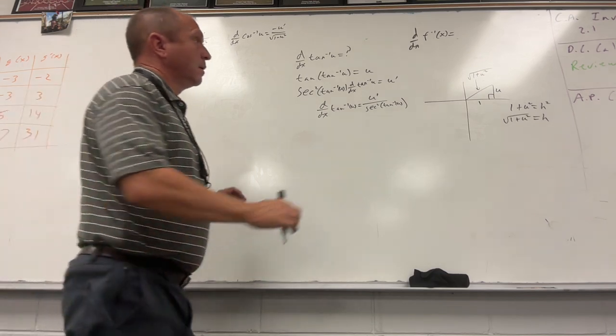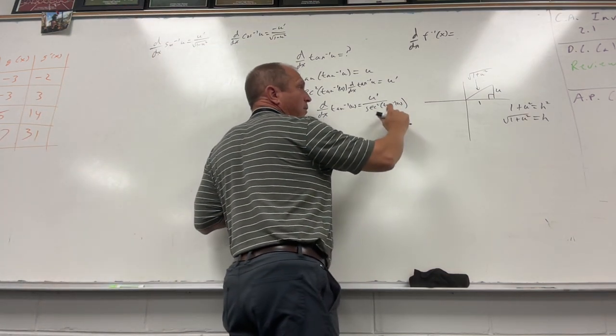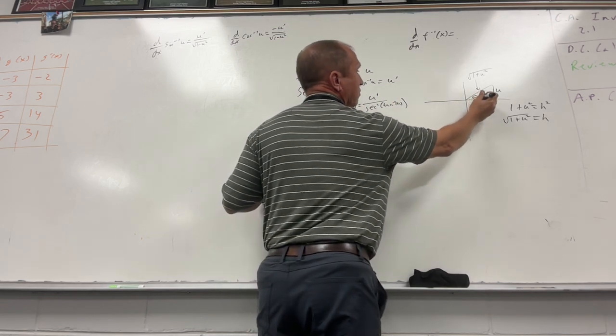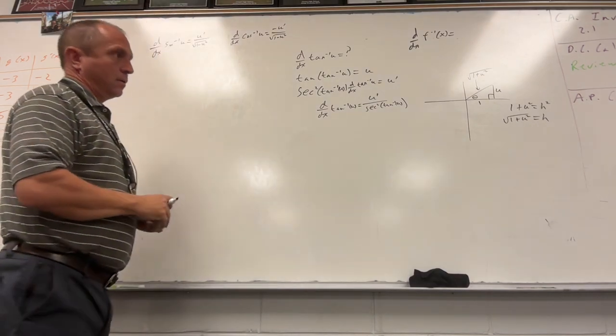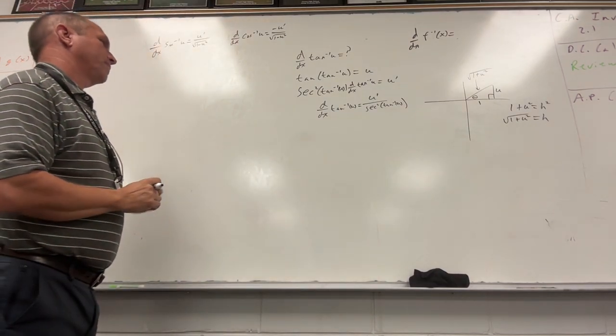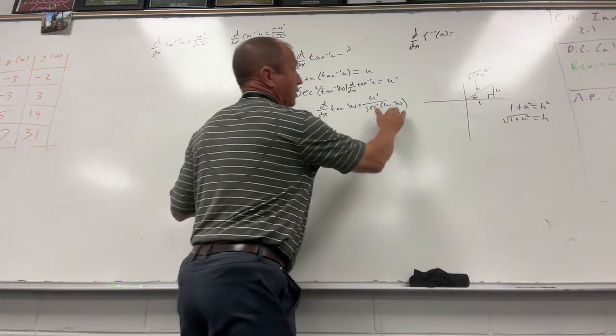Okay, so we've got our triangle set up. This triangle has a tangent of u, or that angle, I should say. That angle has a tangent of u. So how do we determine the secant from that? Because we need the secant of this angle, right?